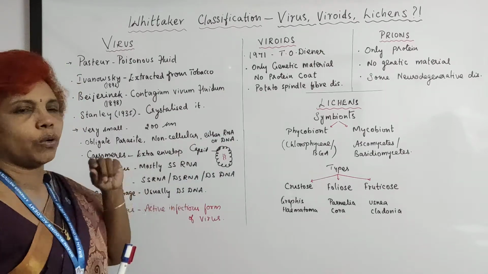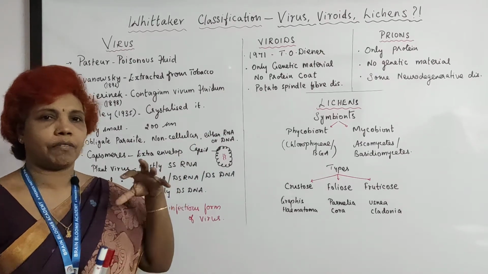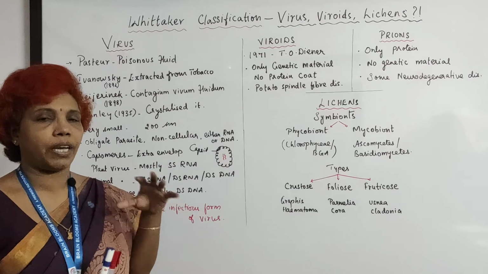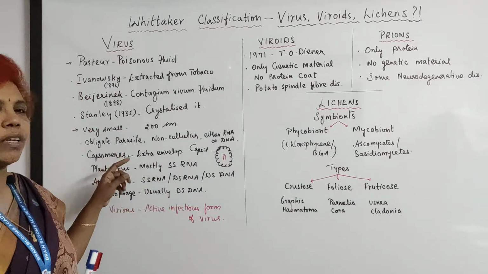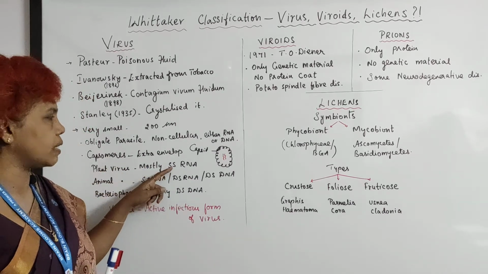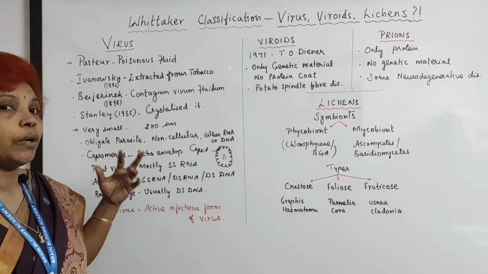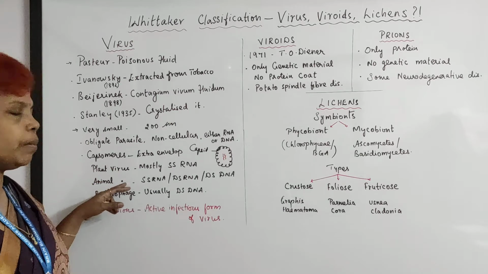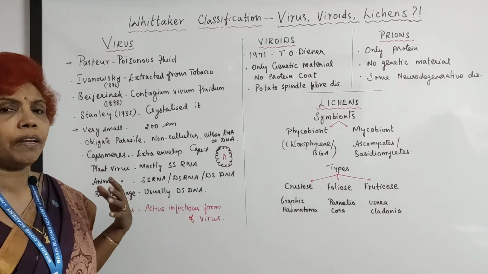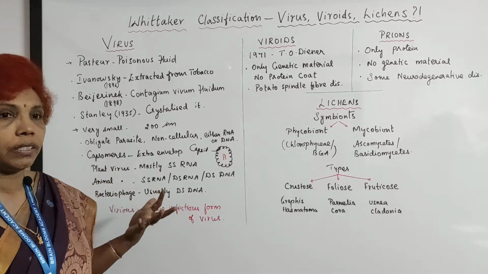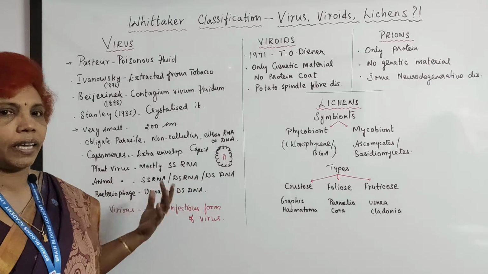And when you talk about plant infecting viruses, phytophages, they mostly have single stranded RNA as genetic material. Animal infecting viruses, zoophages, are mostly DNA containing.